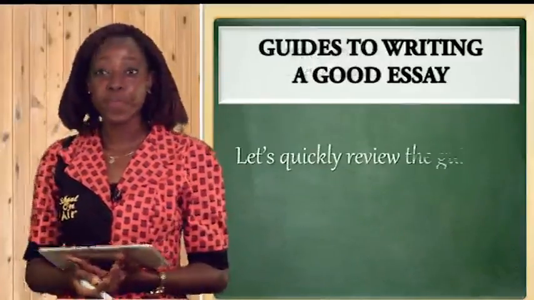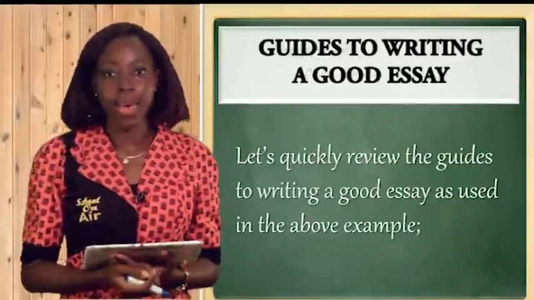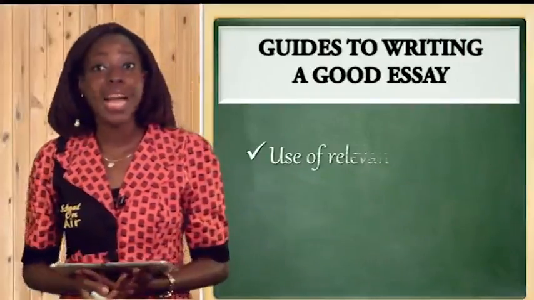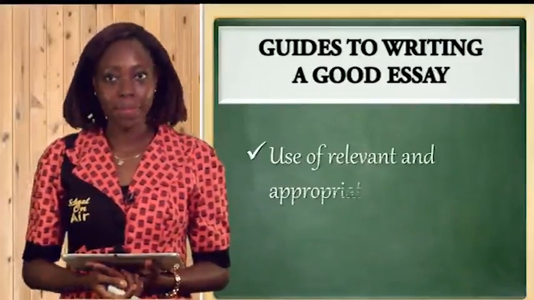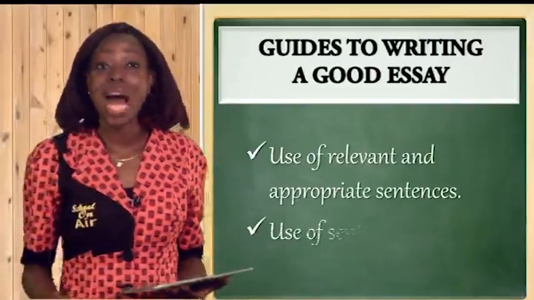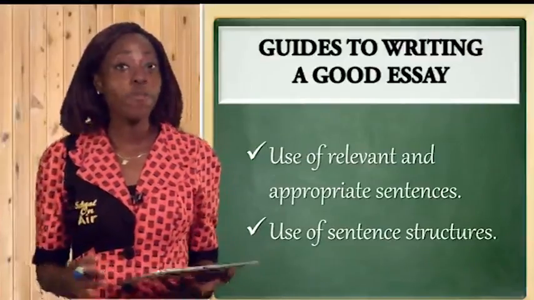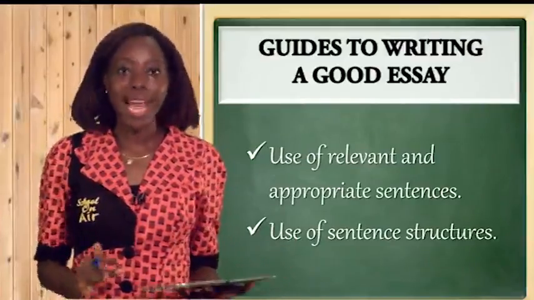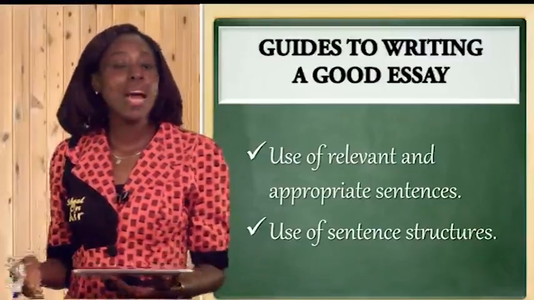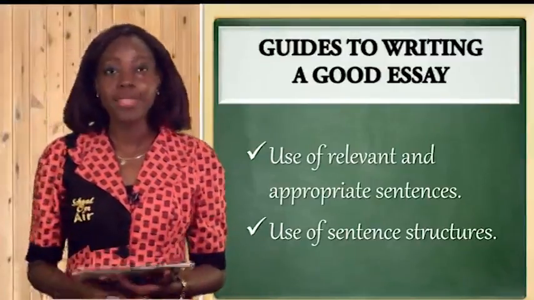Now, let's quickly review the guides to writing a good essay as used in the above example that we just saw. We saw how we used relevant and appropriate sentences and use of sentence structure. Notice how the sentences in that essay were properly structured. First, they talked about life in a village, why you should prefer it, and then it goes on to talk about life in a city and why you should prefer that life.